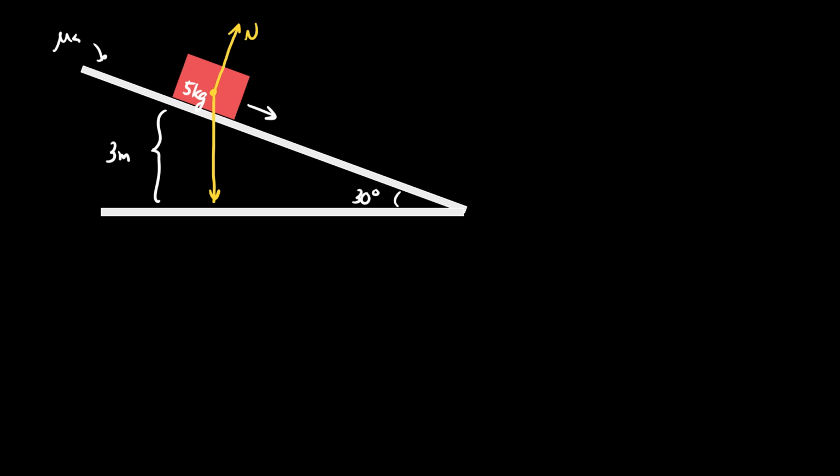If I want to find the work, well, there's the possible work done by gravity and work done by the normal force. To find work, we need the size of the force times the size of the displacement times the cosine of the angle between the force and the displacement. Everybody okay so far?